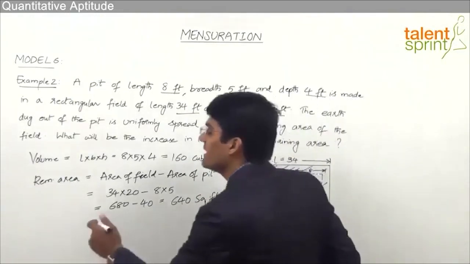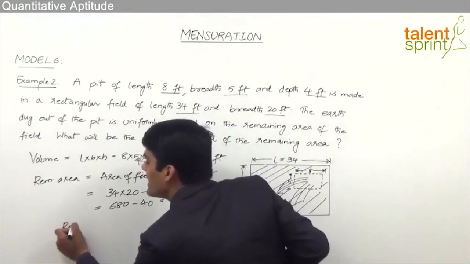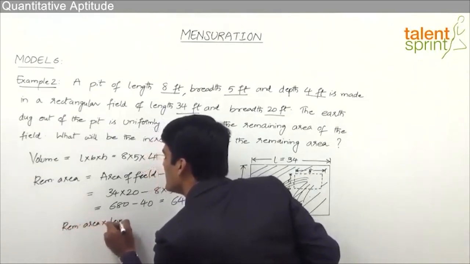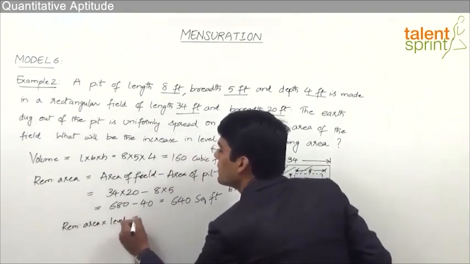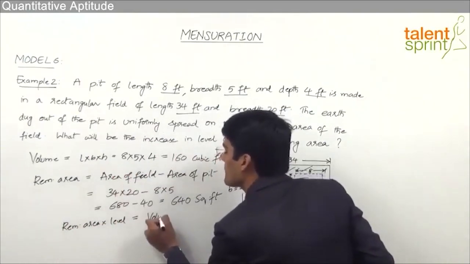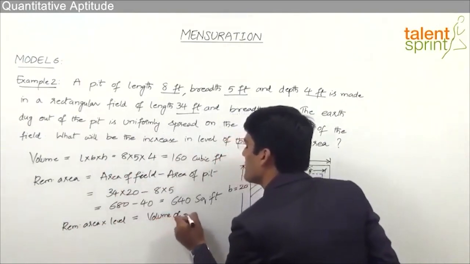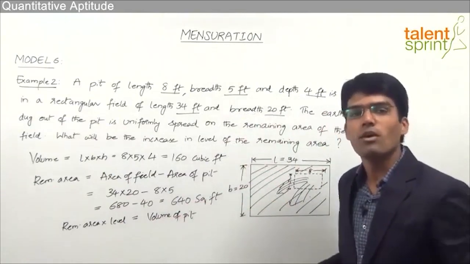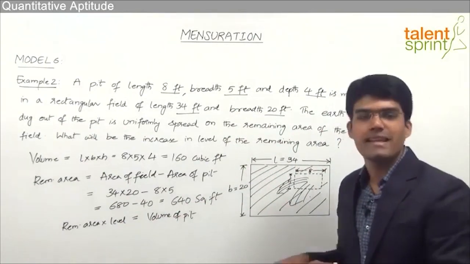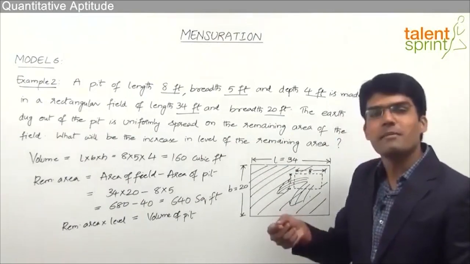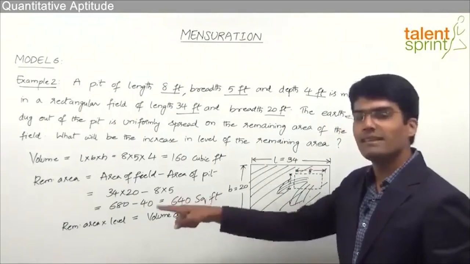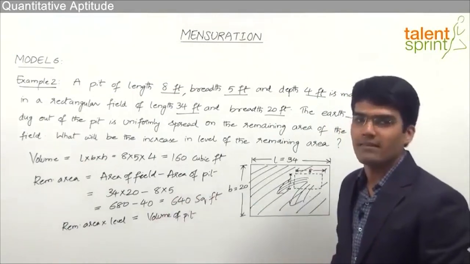So we can say that the remaining area into the level which has been increased, the rise in level should be equal to the volume of the pit. Why? Because the volume that we have taken out from the pit has to be spread uniformly over the remaining portion. So remaining area is known to us. If we multiply the remaining area by the increase in level, we get the volume of the pit. So by balancing this now, we can find out the increase in level.